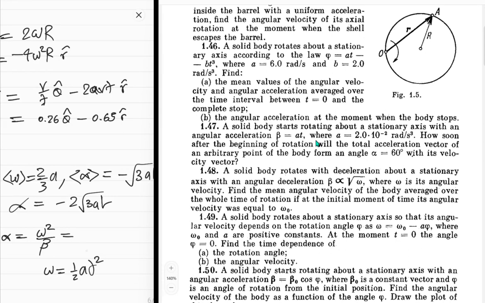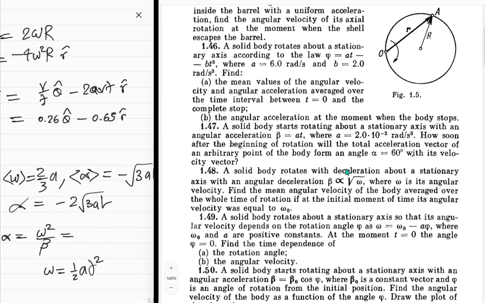Fine, and the square of that. Angular acceleration, this is non-uniform. Wow, that's new. The centripetal acceleration is omega squared r.